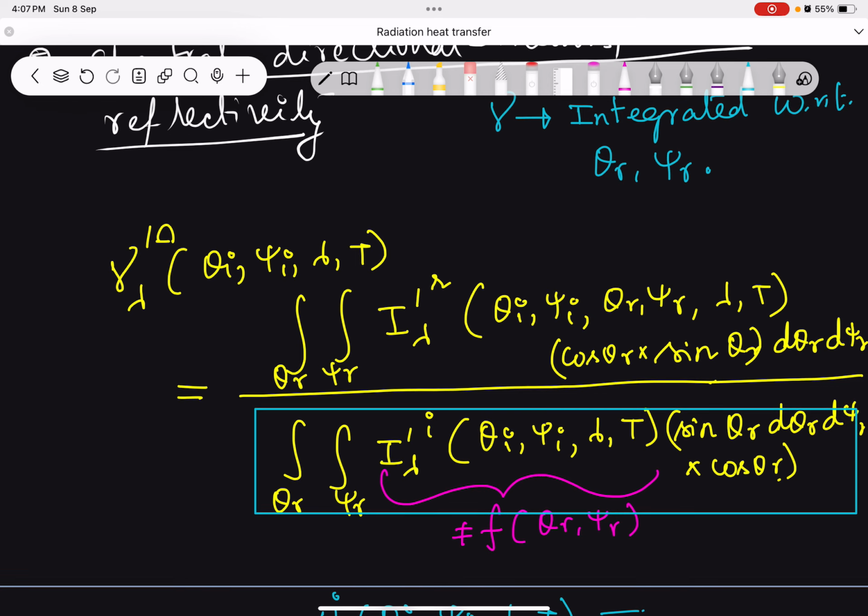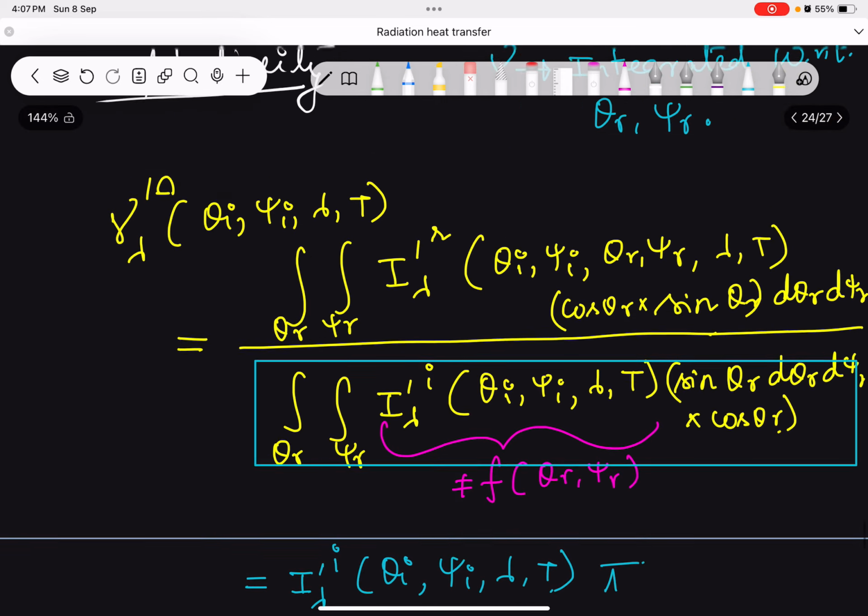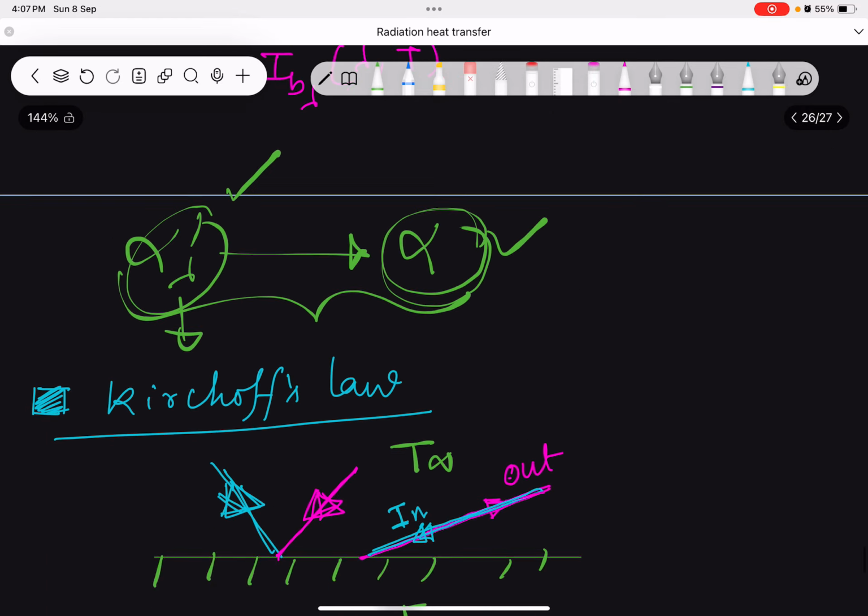The most general thing is the spectral directional property, and with this you can find any of the other things like spectral hemispherical, total directional or total hemispherical. I have shown you how you can find all of those.